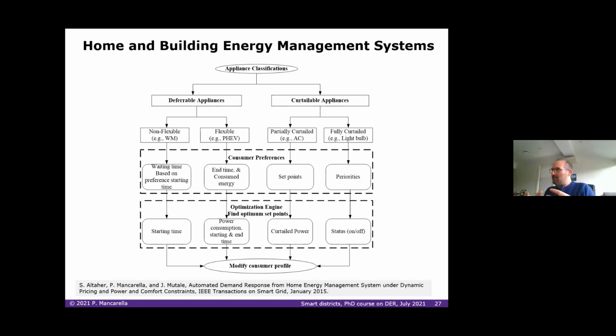The controller in the building's home management system would now be based on typical characteristics of different appliances that I model here as deferrable or curtailable. And then you have completely deferrable, flexible, non-flexible, curtailable partially or fully.